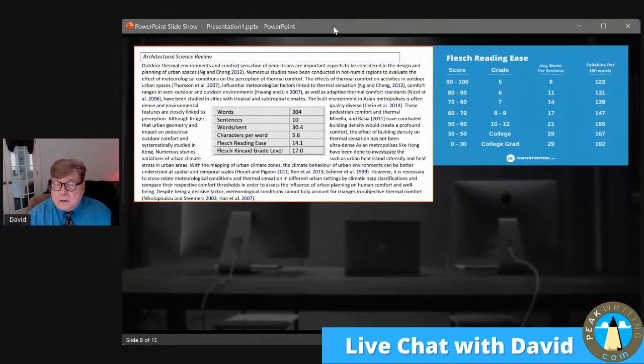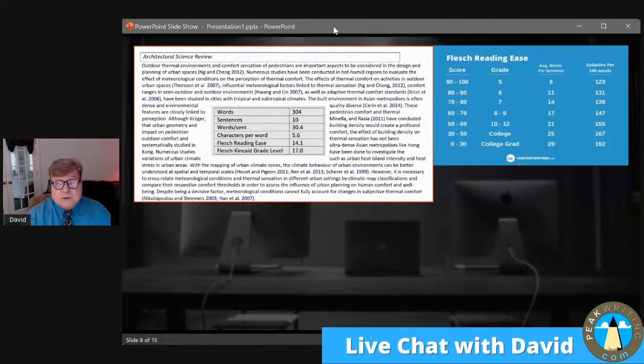First, you need to know about what's called the Flesch Reading Ease score. And there you see in this professor's writing, the Flesch Reading Ease score was 14.1. Well, look where that is. That is down on the college graduate level.